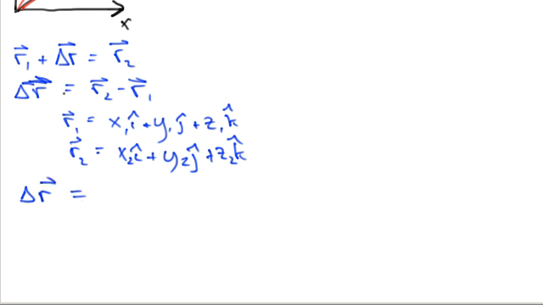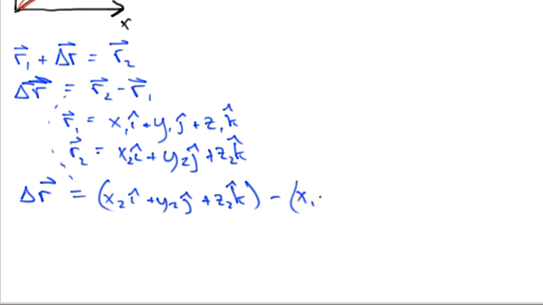Delta r is equal to, so this is coming down from this equal sign, just plug it into my expressions for r2 and r1: x2 i plus y2 j plus z2 k, then minus the same thing for vector 1.